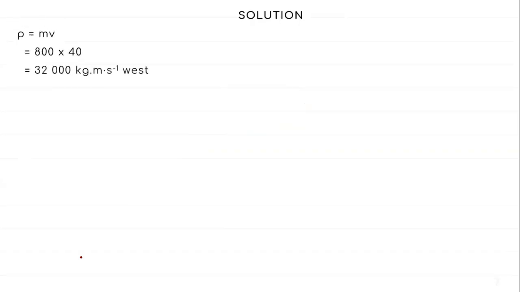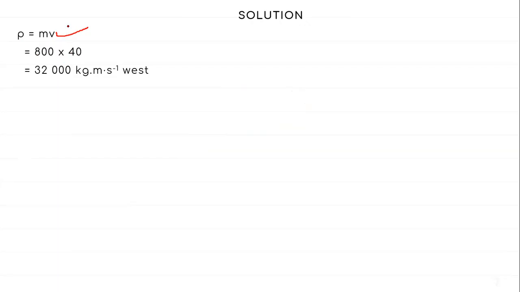Right? To calculate that, we are going to say p is equal to mv. In other words, momentum is the product of the mass of an object and its velocity. From that formula, we are going to get a mark. Then we substitute the mass, it's 800. We substitute the velocity, it's 40.